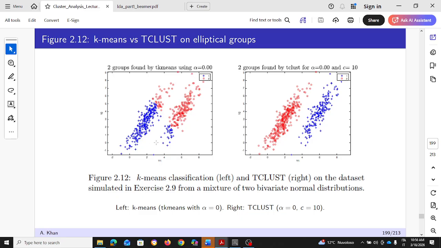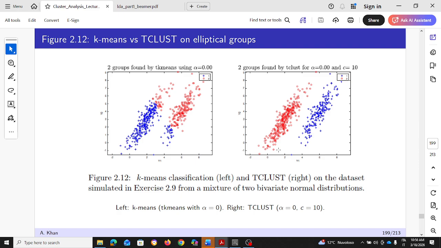But in reality, we just have 2 clusters, and those are elliptical, because we saw also from the data matrix. So we have this elliptical shape for the first group and this for the second group. So t-clustering has divided the data correctly.